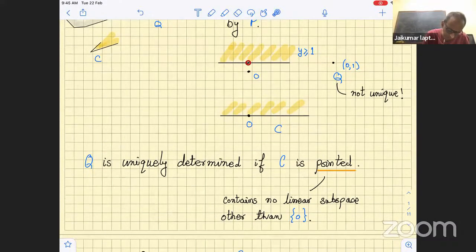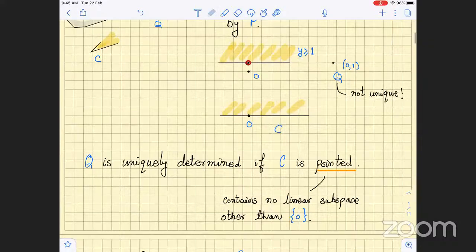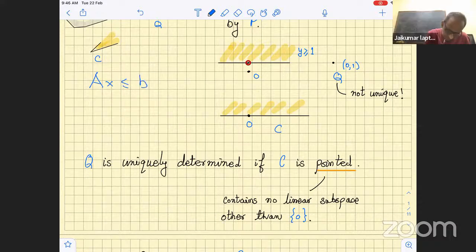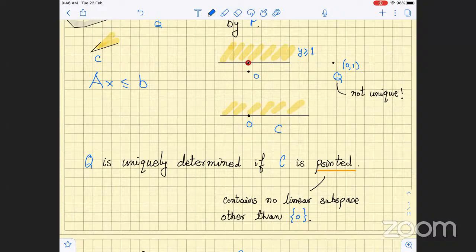So if the equality system has some solution, say x0, then the polytope is just a singleton point x0 and the cone is the system of inequalities Ax less than or equal to 0.